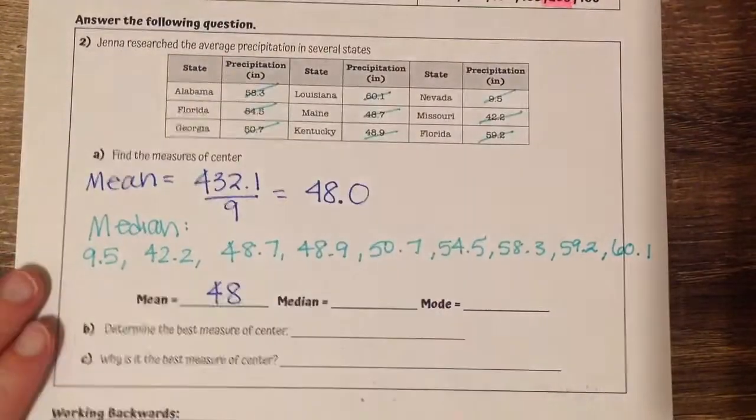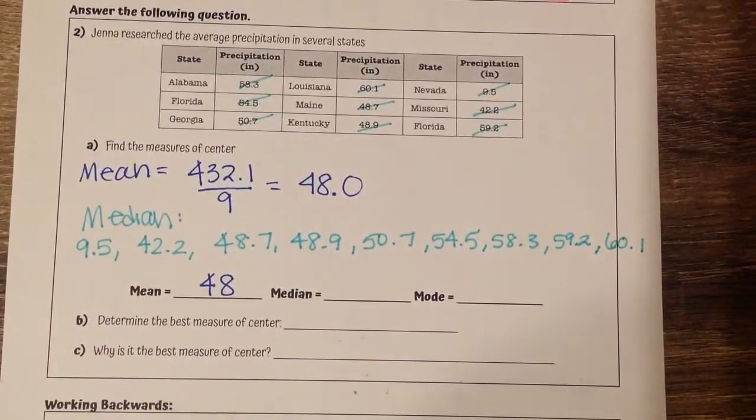So be careful when you're listing out these numbers too, that you're not confusing your decimals for commas or forgetting to put the decimals in, because that's going to mess you up.